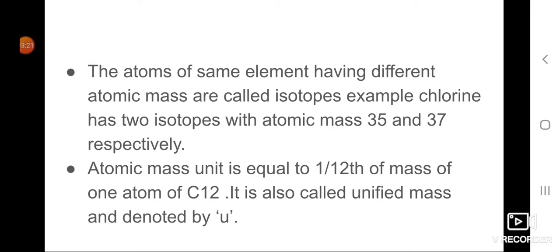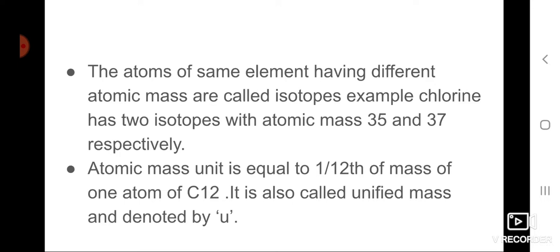Atomic mass unit. Atomic masses are very small. To express atomic masses, a unit called atomic mass unit is commonly used. The mass equal to 1/12 of the mass of a carbon-12 atom is called 1 atomic mass unit.